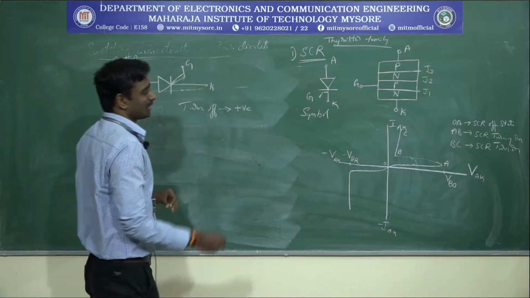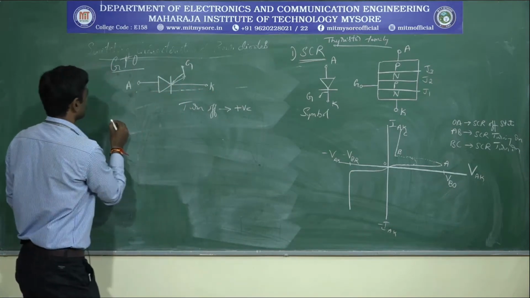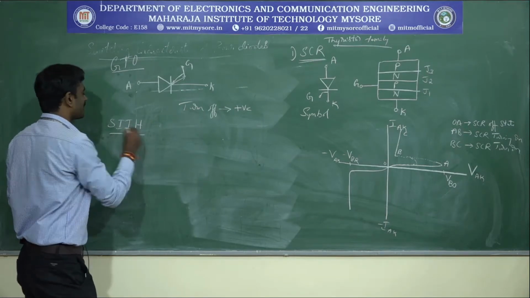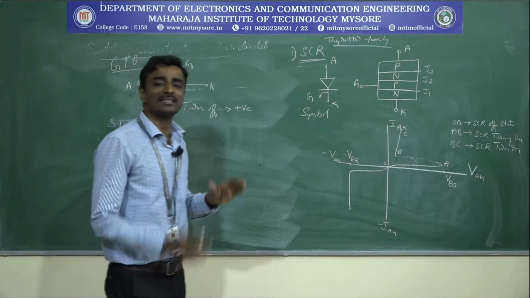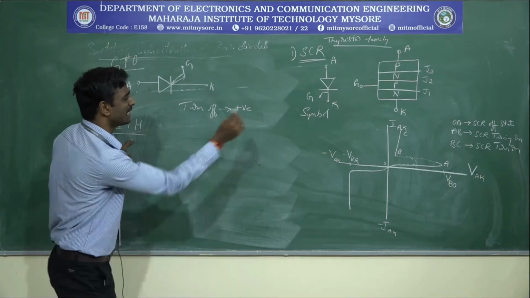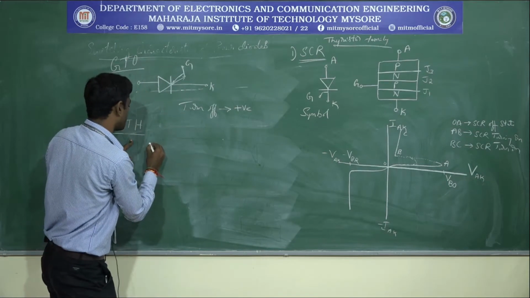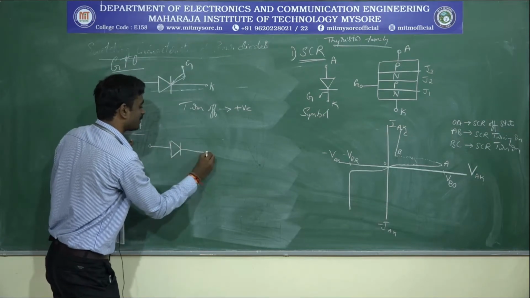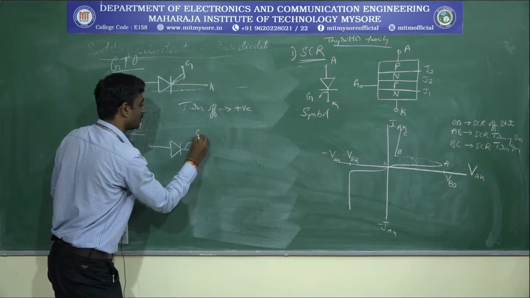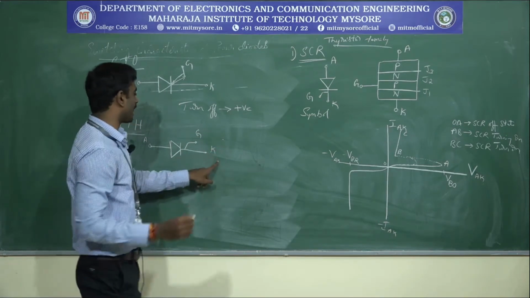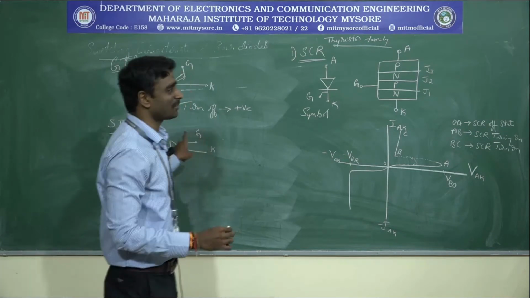And the third one is SITH, which is nothing but the static induction thyristor. The symbol of SITH can be written like this: the current flows from anode to cathode, and it has a gate terminal.